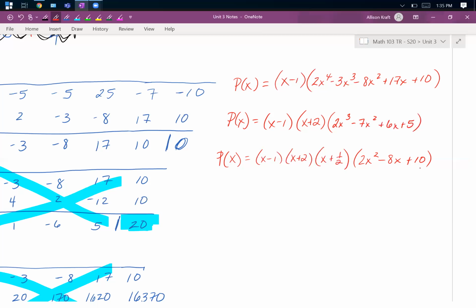So is there anything we can do to factor that 2x squared minus 8x plus 10? Don't forget your very first factoring technique, which is GCF. We can factor a 2 out of that.